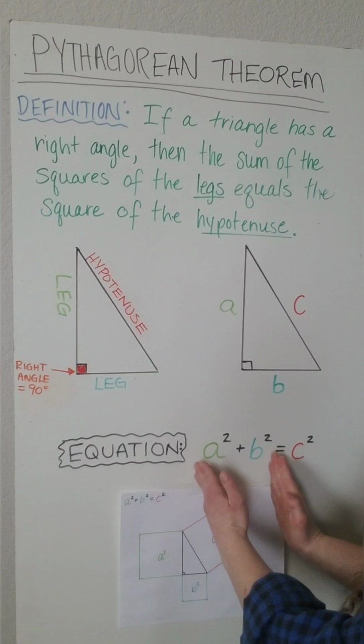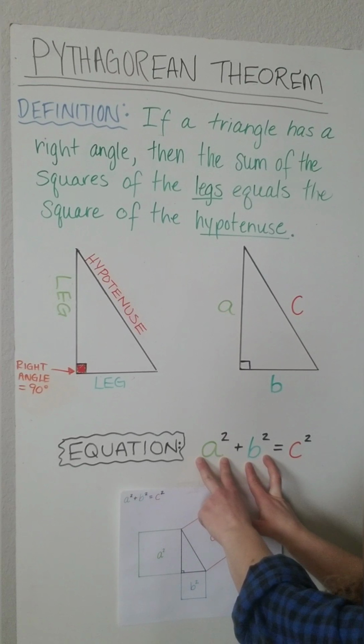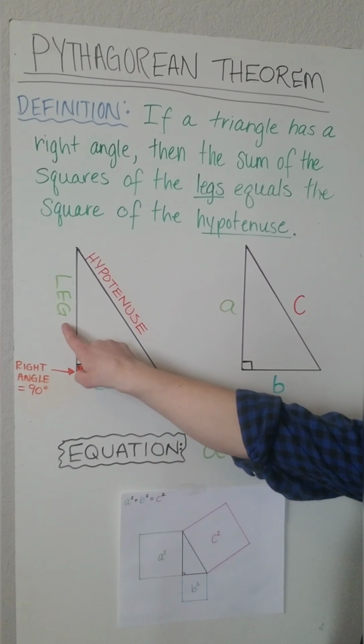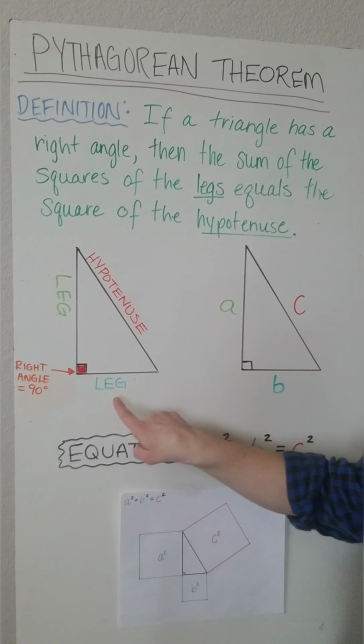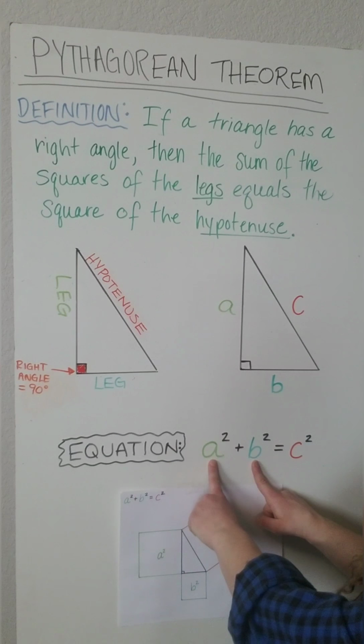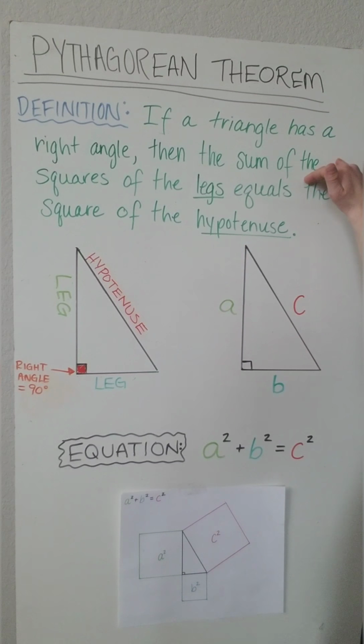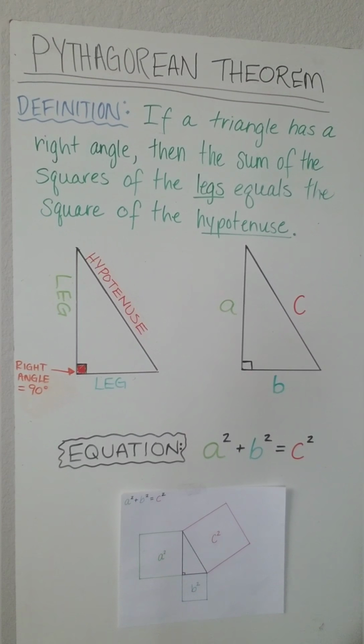So that's where we get this part of our equation. We take the squares of our sides. Notice I named this leg A and then this leg B. I squared both of those values and then I added them together, showing the first part of our definition.